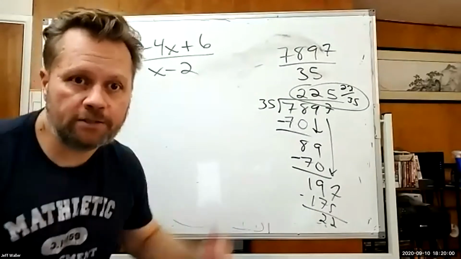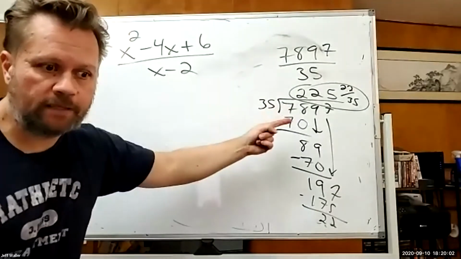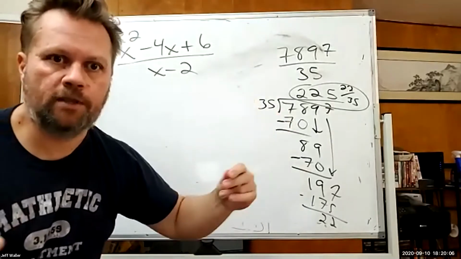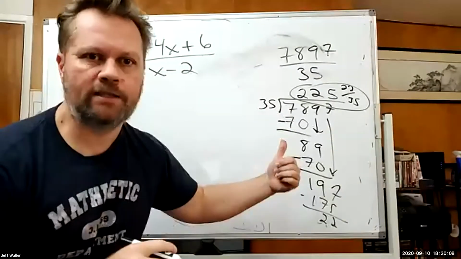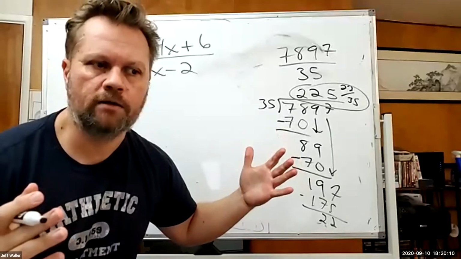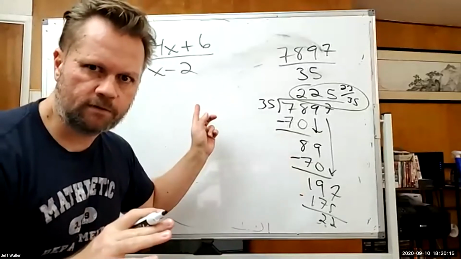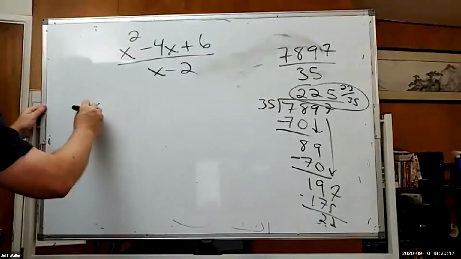So how do I do this? The same way I did that. Of course I do. What are variables? They're just numbers I don't know yet. So how are they going to act? Just like numbers do. So hopefully some of you remember this long division.